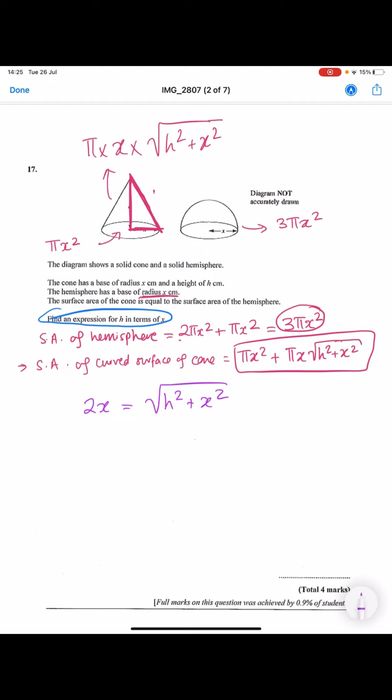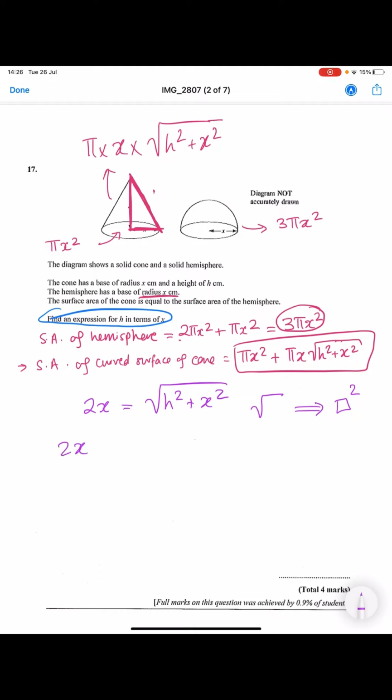So now we have to figure out what is in the way of h squared. First of all, we need to look from the outside. This square root is in the way. Okay, so to get rid of that, we need to do the opposite of square rooting, which is squaring. So we need to square the other side.